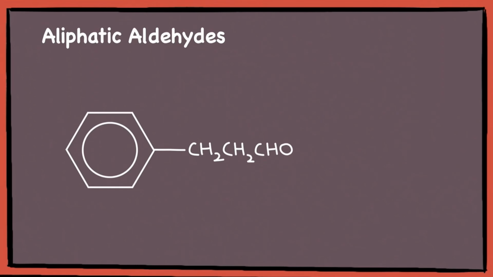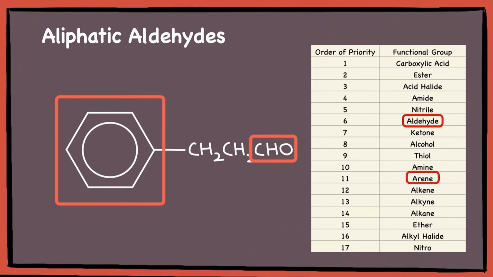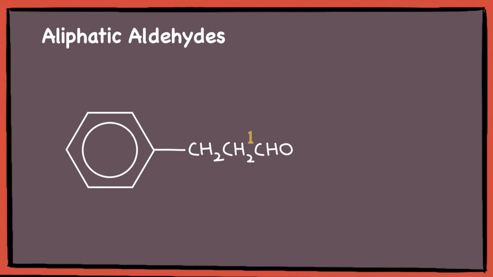So for this organic compound, let's first start by finding the longest parent carbon chain. There are 2 functional groups here, the aldehyde functional group and the benzene ring. According to the table of nomenclature or functional group priority, aldehyde is of a higher priority. So our suffix will follow the aldehyde suffix and we can number the carbon atoms starting from the aldehyde functional group.